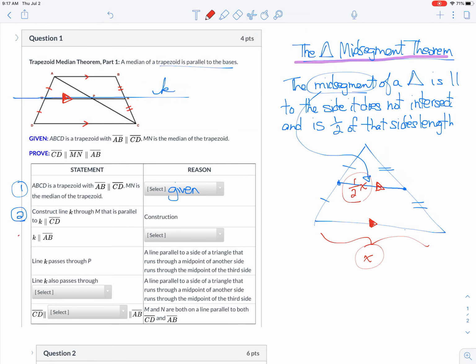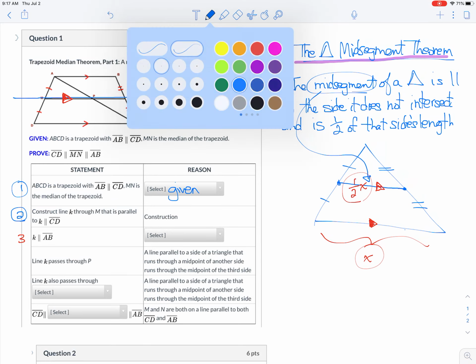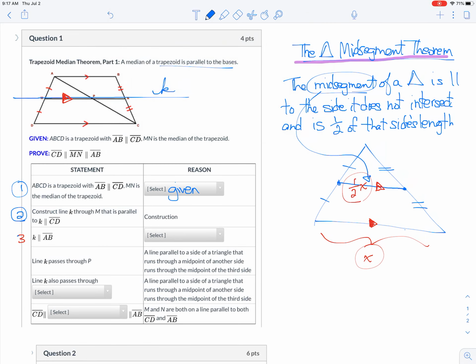Now, line 3, K is parallel to AB. That is because... wait a second, I'm drawing a blank here.